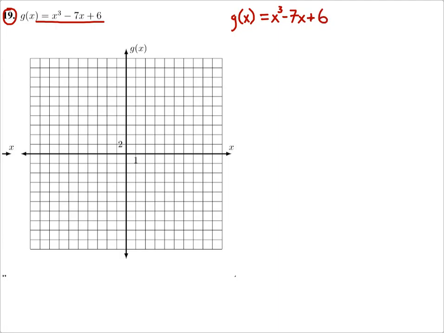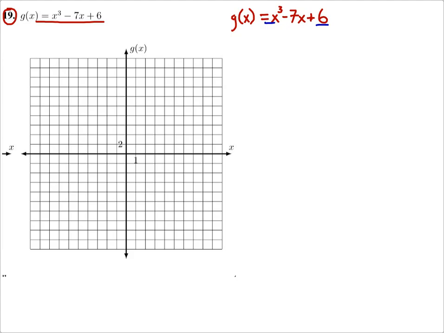And then realize that since it's not quadratic, I can't use the quadratic formula. And since it's cubic and above, I'm pretty much stuck using the rational root theorem, trying to find numbers that I should bother trying. The constant term is 6. The leading coefficient is 1.